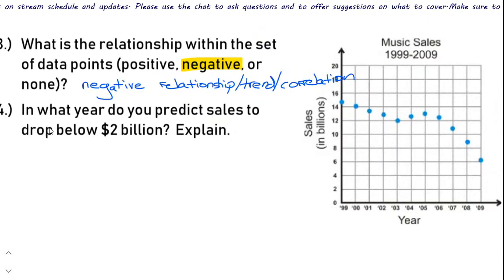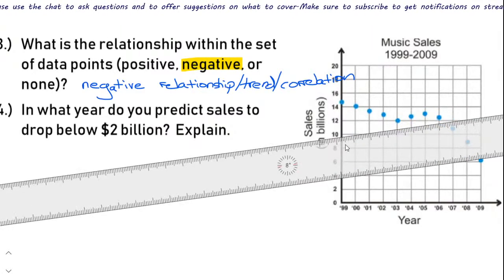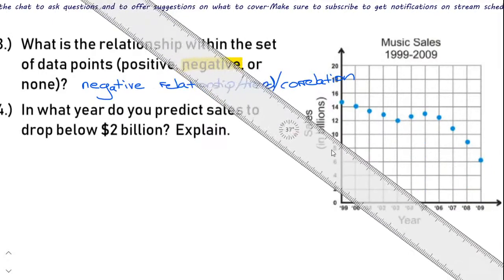So, in what year do you predict sales to drop below 2 billion? So again, we're going to draw our line of best fit.